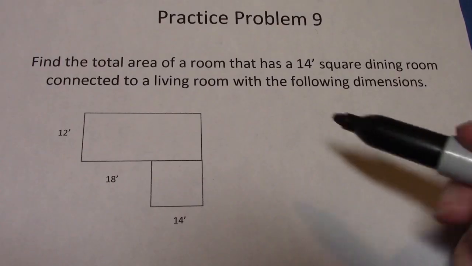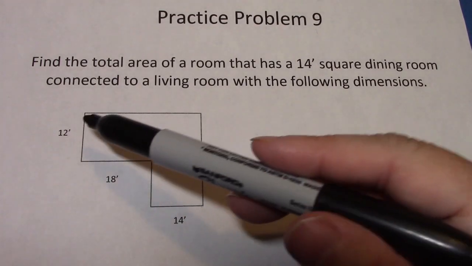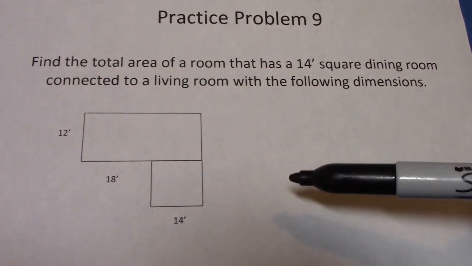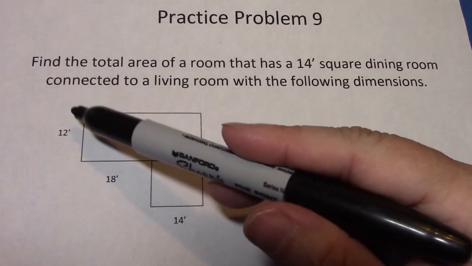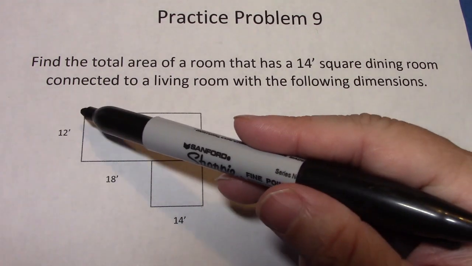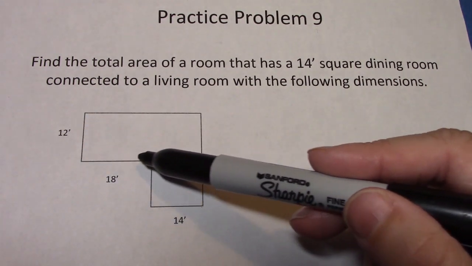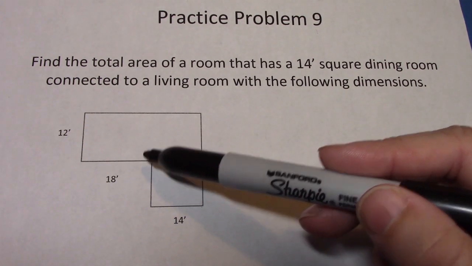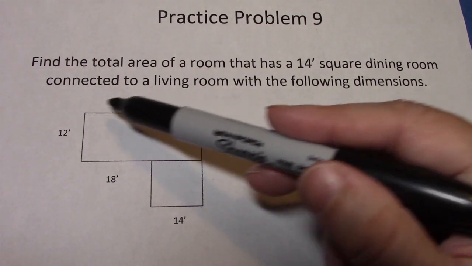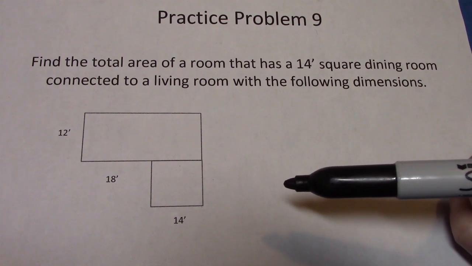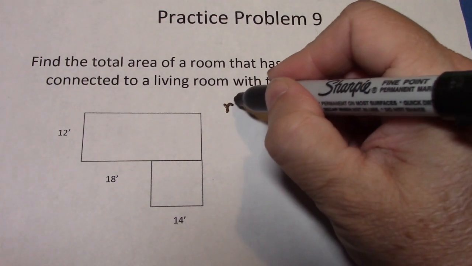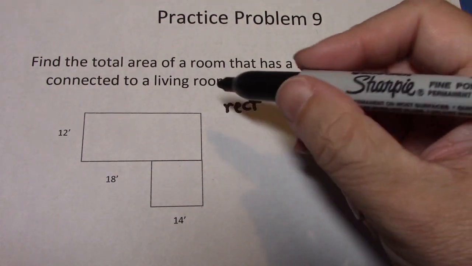In problem 9, we want to find the total area of a room with this odd shape. There's a 14-foot dining room connected to a living room with these dimensions. This is 12, and this part of it is 18. So we need to find the area of this rectangle and add it on to the area of this square. So let's do the rectangle first.